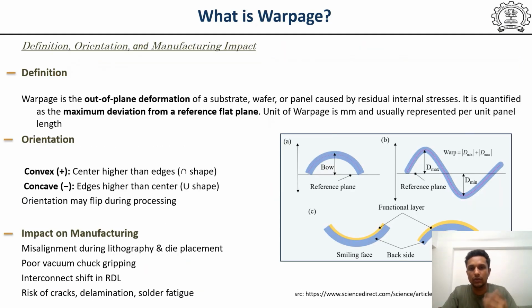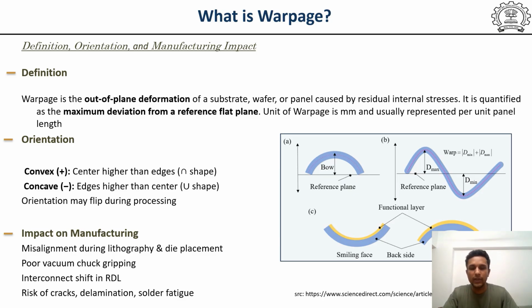So let us first look at what exactly is warpage. Warpage is the out of plane deformation of a substrate, wafer, or a panel which is caused by residual internal stresses. It is quantified as the maximum deviation from the reference flat plane, as you can see in the figure which is given in the slide.